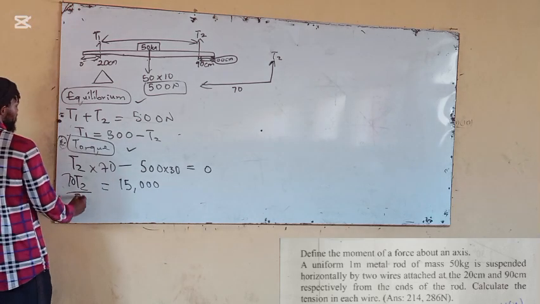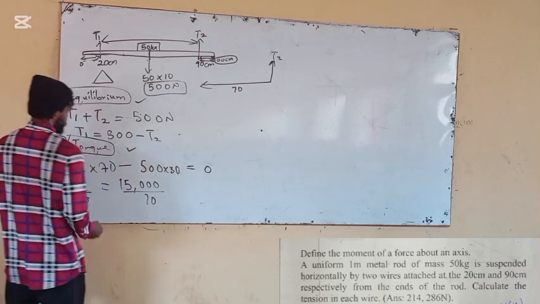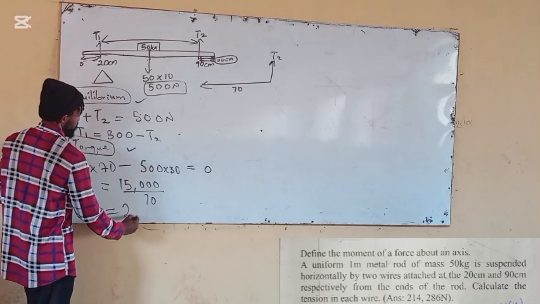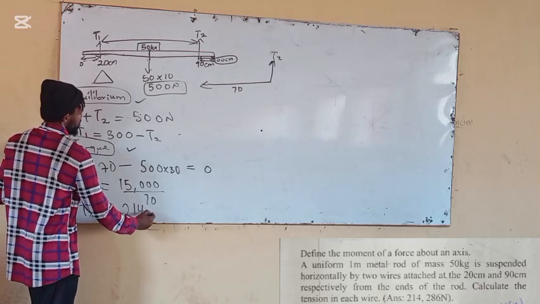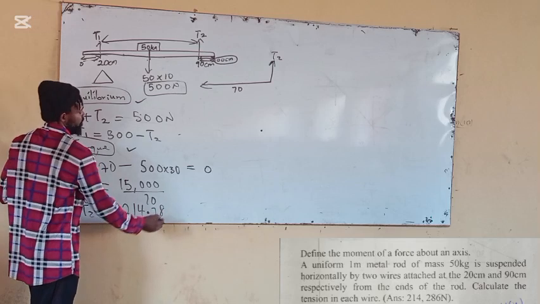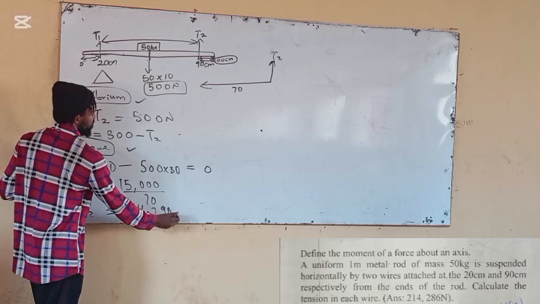So divide both sides by 70, let's see what you have. T2 equals 214.28. Is it good? Yes. Which is in Newton, okay.